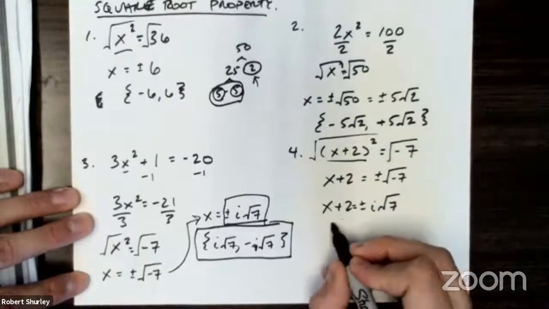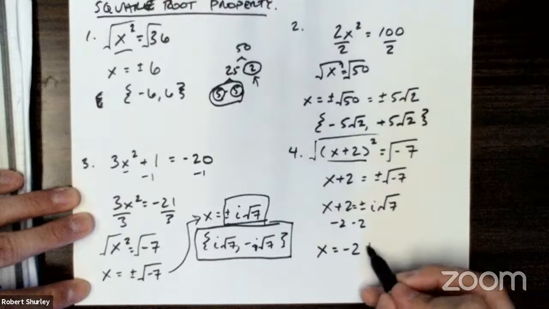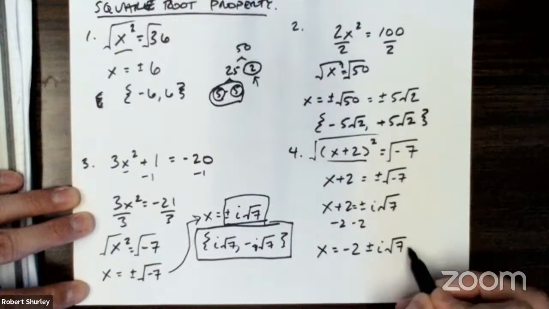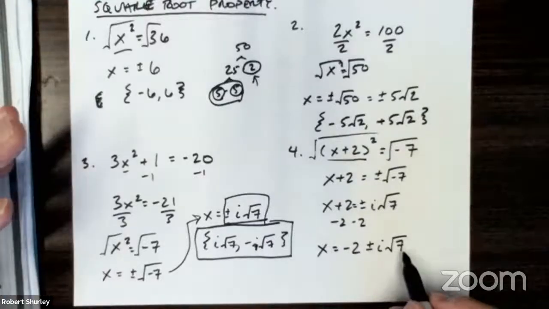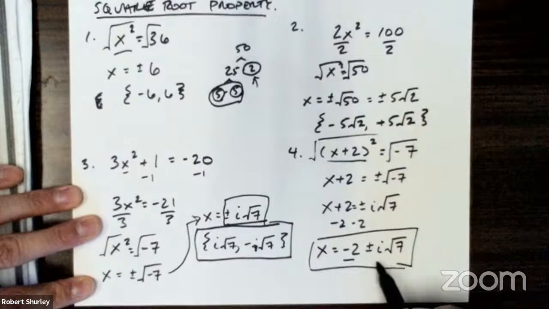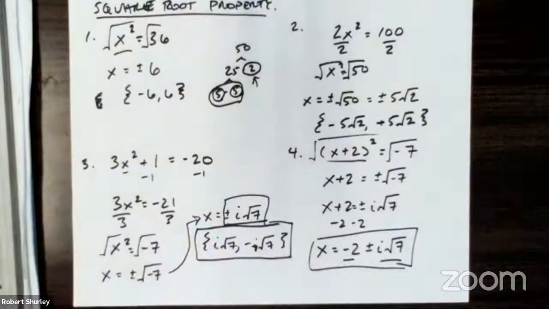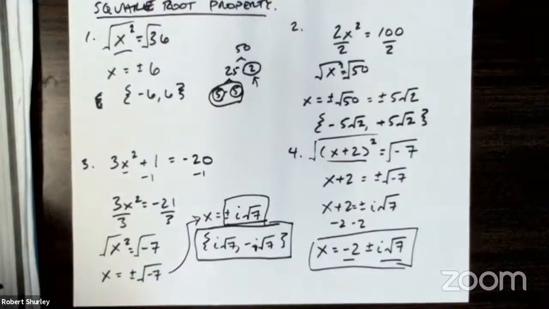And then you move the 2 over. When you move the 2 over, you're going to put it first: -2 plus or minus i square root of 7. And look, we've got a real part and an imaginary part. Can't add those together, okay? So we are done. If you've got a real number and an imaginary number, they're not like terms, we are done. We cannot do anything more.